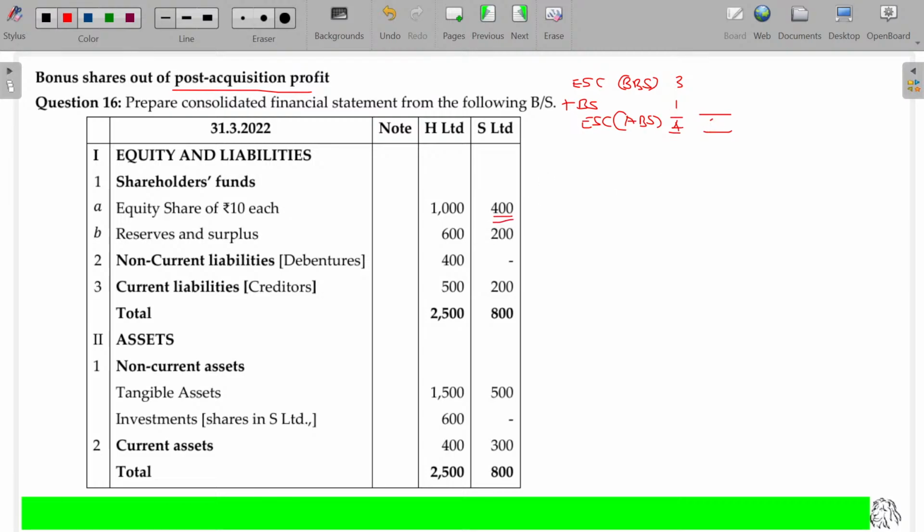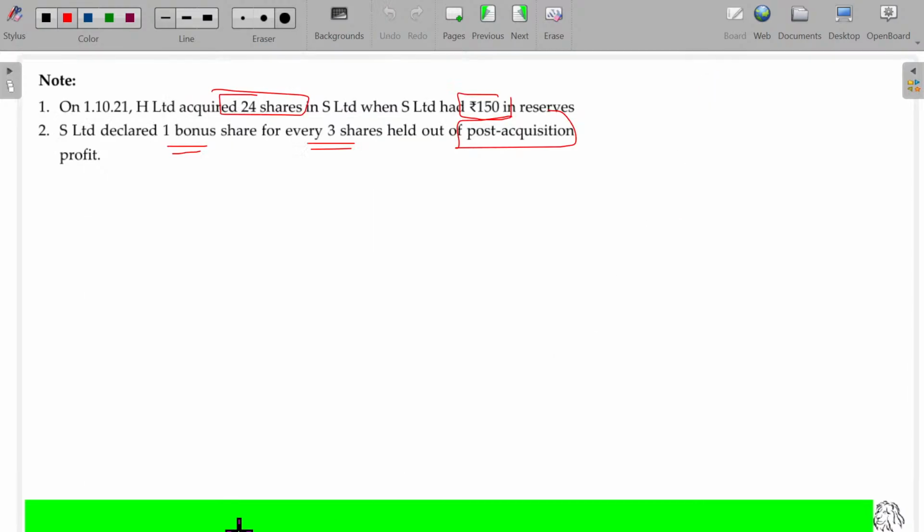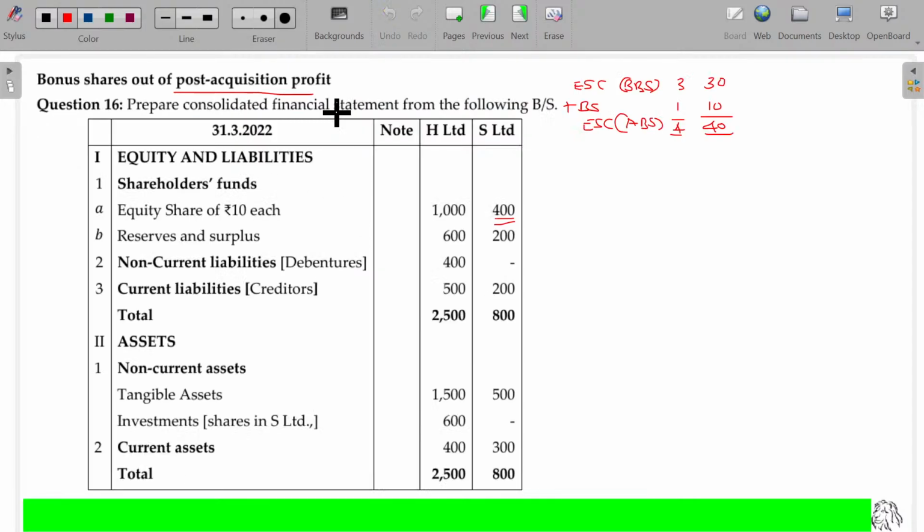Currently, 40 shares are there, so definitely 10 bonus shares will be there; beforehand, 30 shares may be held. 24 shares are held by H Limited, and the balance held by minority interest. So 80% by holding and 20% by minority interest. Clear?